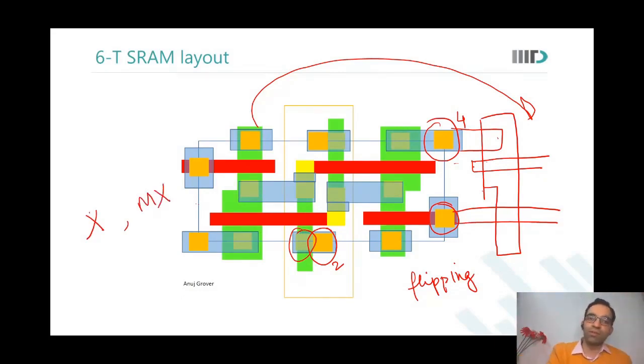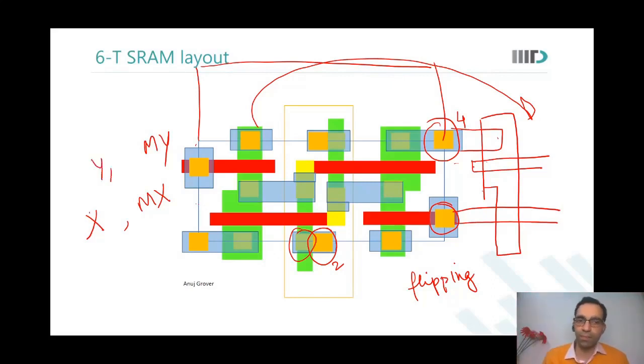When I look at over here, the cell over here would be mirrored on the y-axis, so it would be called as MY. And then you mirror again, and you will get Y. Okay, so you don't need to learn all this stuff or even remember all this.